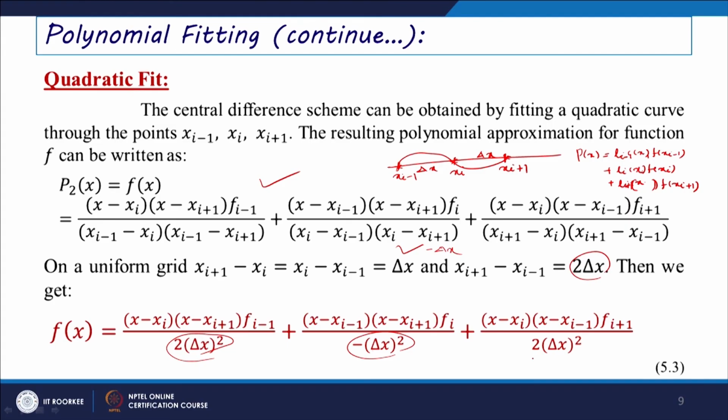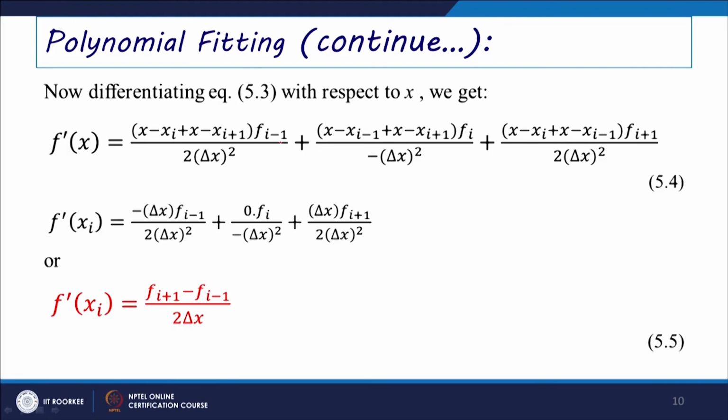If we take the derivative of this function, then f dash of x can be written as: (x minus xi plus x minus xi plus 1) into f of xi minus 1 by 2 del x whole square, plus (x minus xi minus 1 plus x minus xi plus 1) divided by minus delta x whole square into f of xi, plus (x minus xi plus x minus xi minus 1) into f of xi plus 1 by 2 del x whole square.